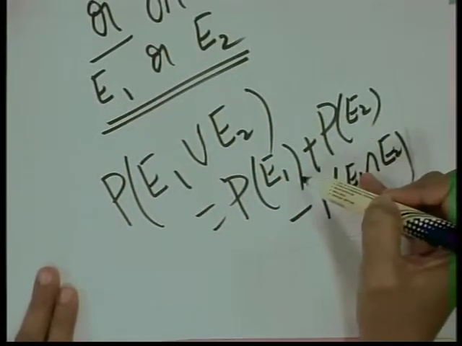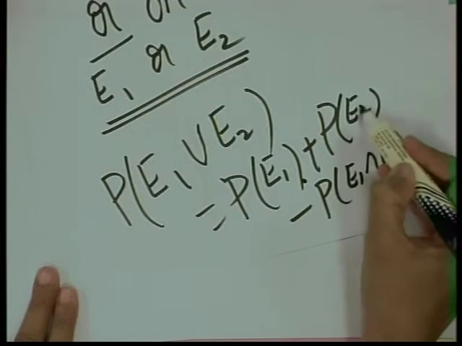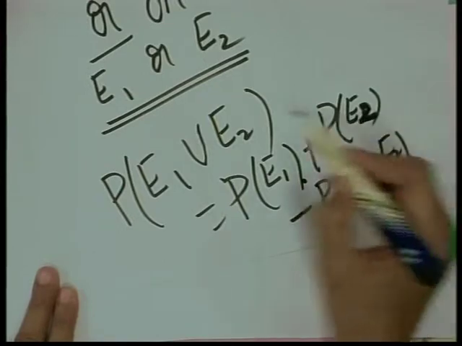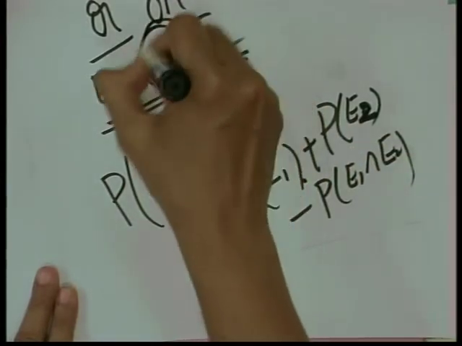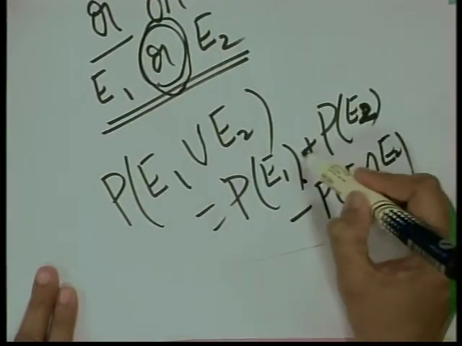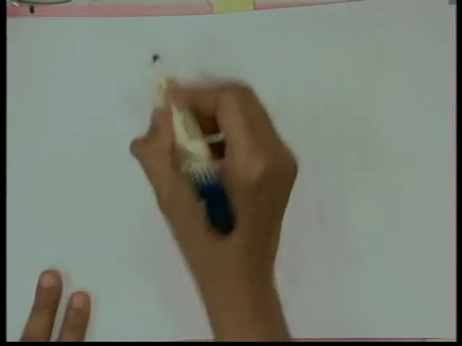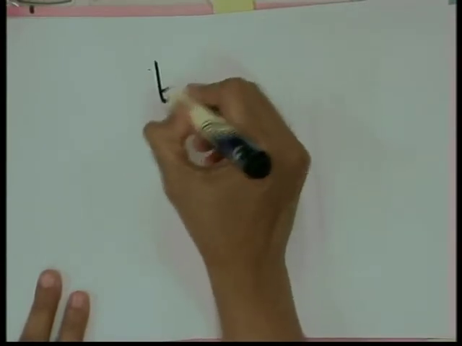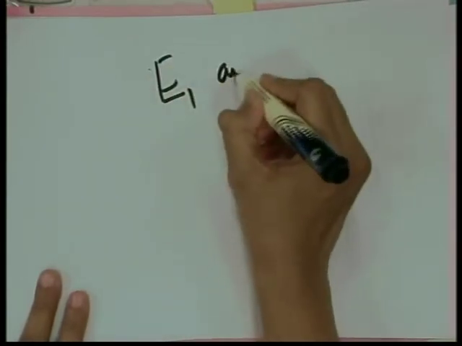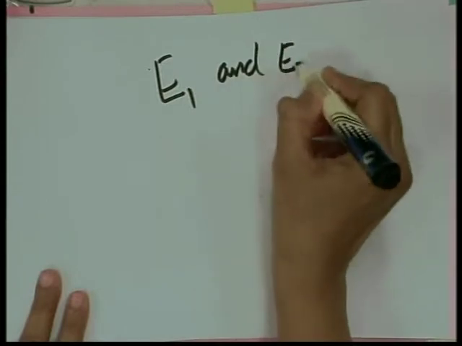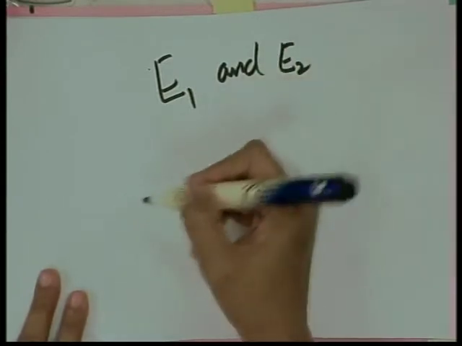The probability of E1 union E2 is the probability of E1 plus E2. Why am I using the word or? If it appears, you should remember that in numeric problems you are going to add, and if the word and appears, you are looking at the situation E1 and E2, it is always going to be a product.